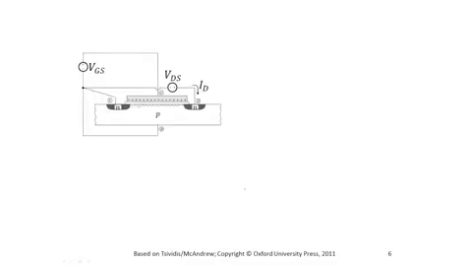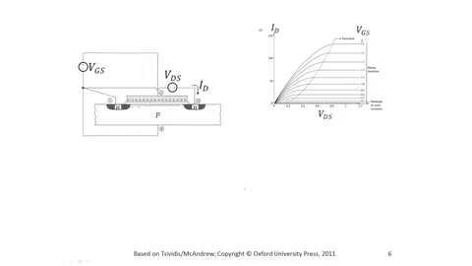So let's go back to the circuit and plot now the current ID versus VDS using VGS as a parameter. So for each value of VGS, we plot one of these curves. The larger the VGS, the more the electrons here, and the larger the current.